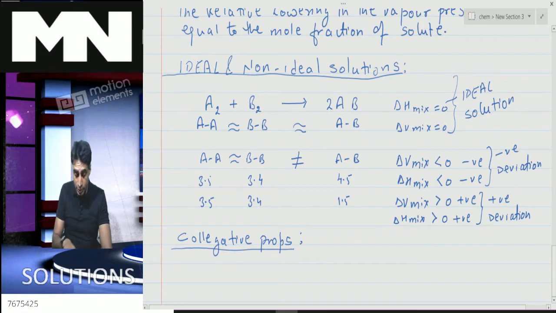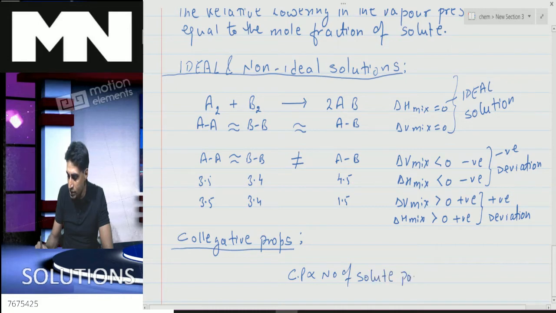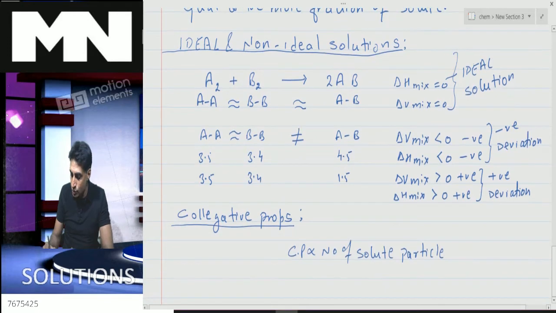So we can say colligative properties are directly proportional to the number of solute particles. And colligative properties are also inversely proportional to the molar mass of the compound.